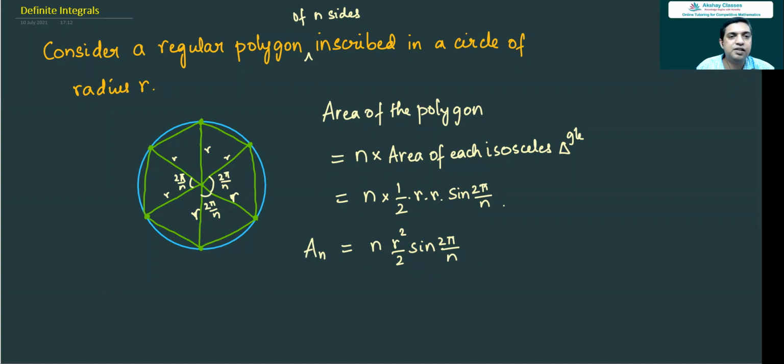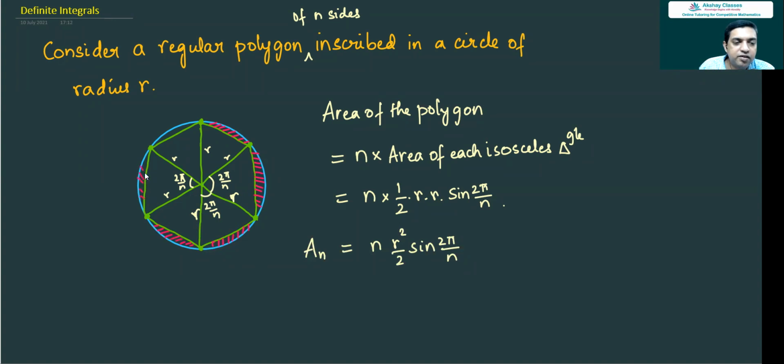Now, what happens because of this polygon? This area is the difference of the area between the polygon and the circle, isn't it?